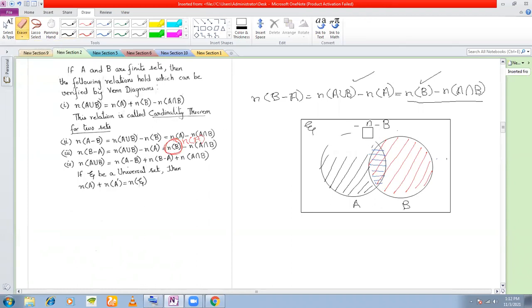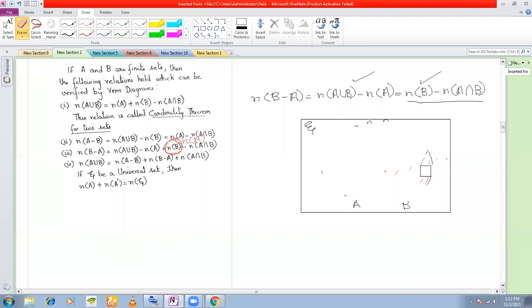So let me explain once again here. This should be cardinality of A. So this is A and B. So cardinality of A represents this part.